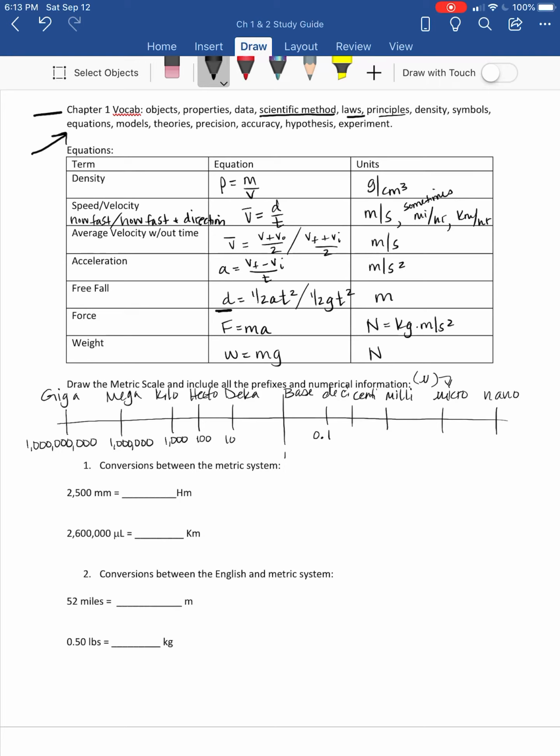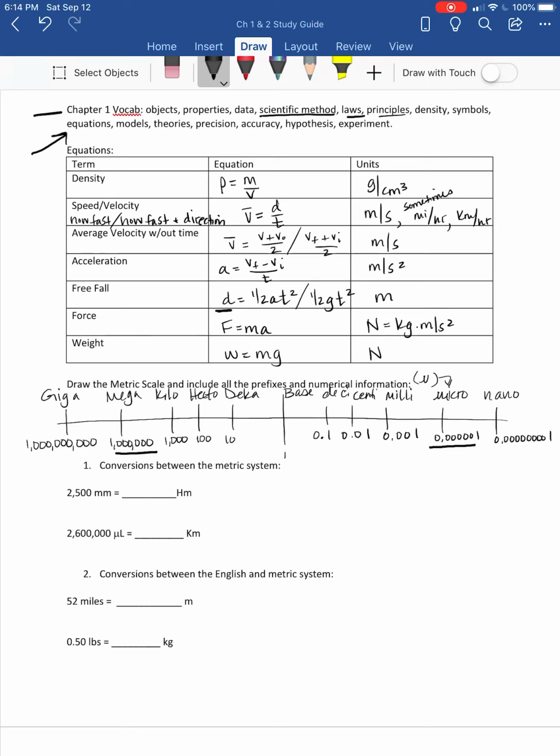So 0.1 is a tenth. Centi is a hundredth. Milli, micro, and nano. Just like how I had 6 zeros over here with mega, I have 6 zeros over here with micro. Just one of them is before the decimal, so you have to remember that.